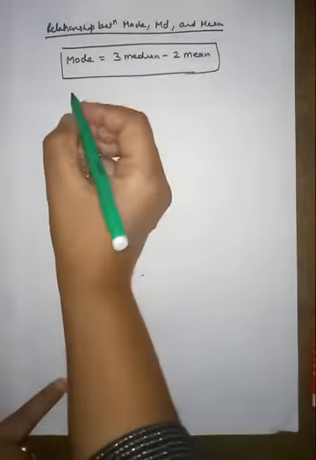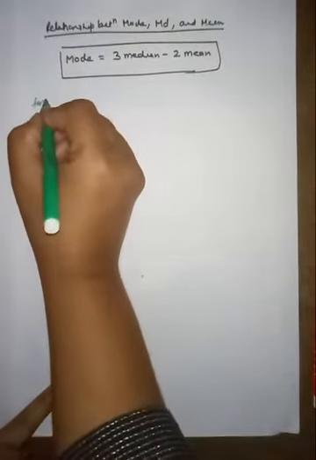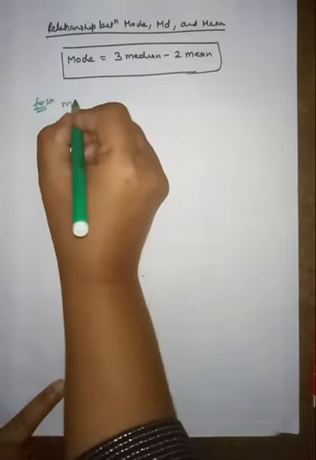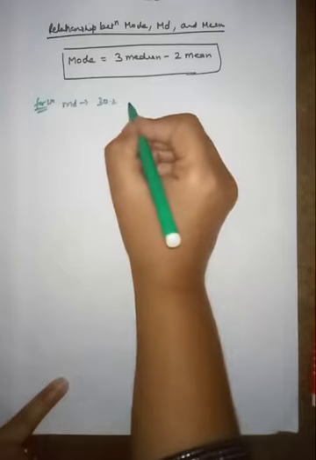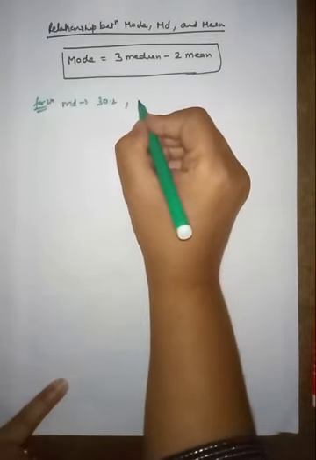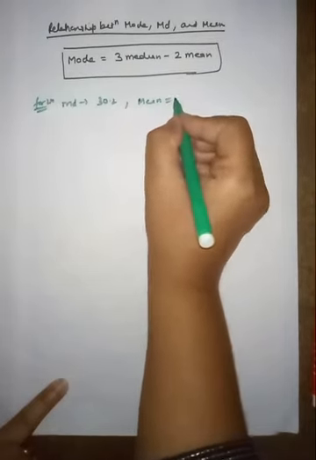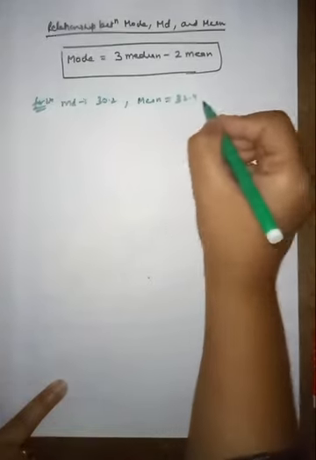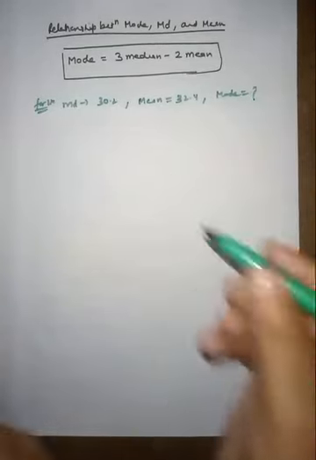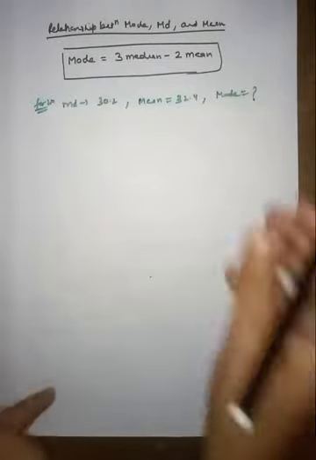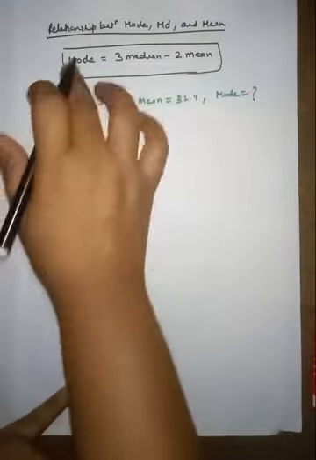Suppose the value of median is given as 30.2 and the mean value is given as 32.4. Now find the value of mode, right? So using this formula you can easily find the mode.